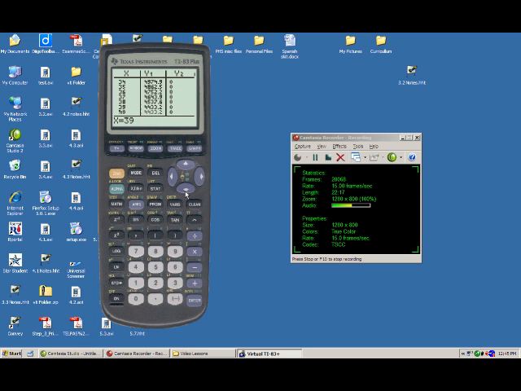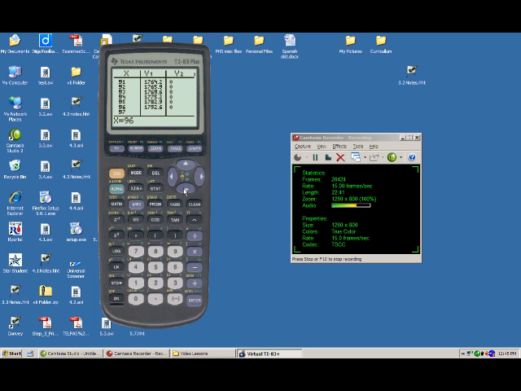I'm just trying to give you lots of ways to check this. Okay, let's keep going down. I guess I could have changed my table. What I'm looking for is, is y1 going to hit the x-axis?